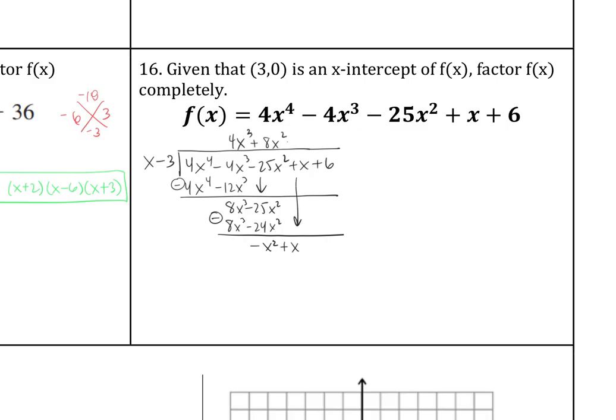We'll multiply by negative x and get negative x squared plus 3x. And when I subtract, I get 1 minus 3 is negative 2x. Drop the plus 6. And we're going to multiply, last but not least, by negative 2 and get negative 2x plus 6. That's perfect. We get remainder 0. And if we didn't, we made some kind of mistake.